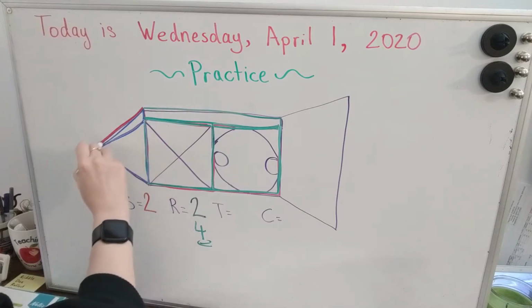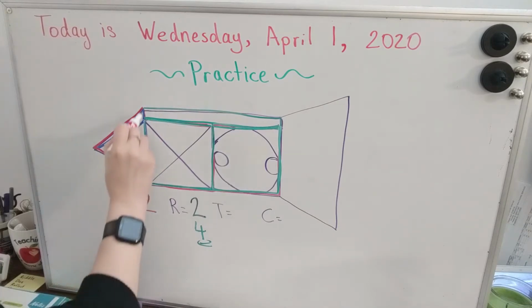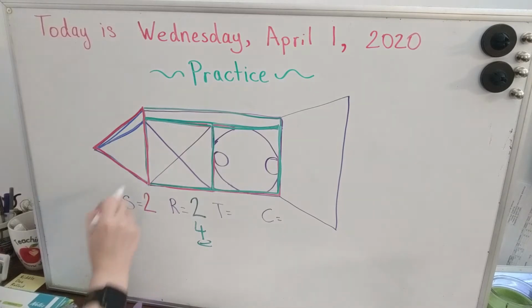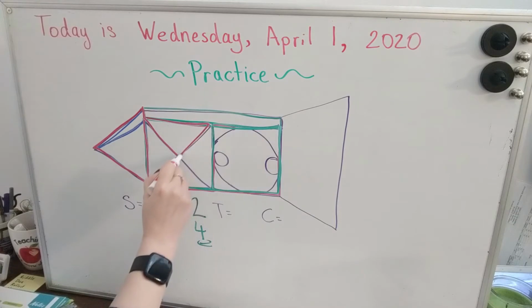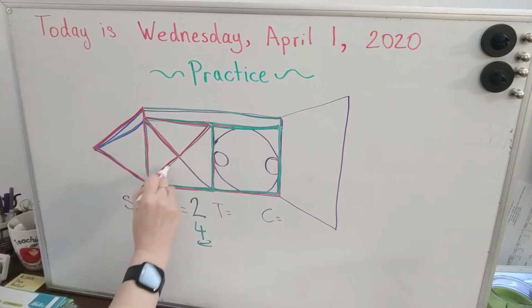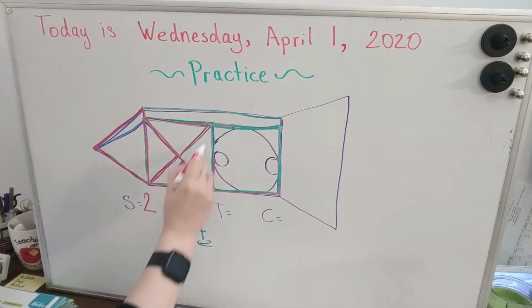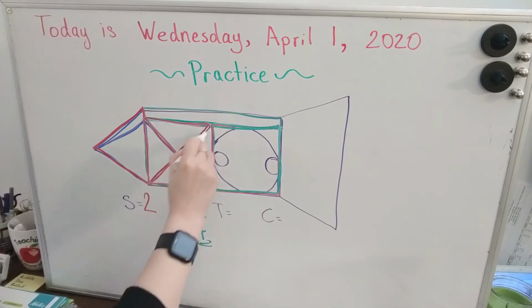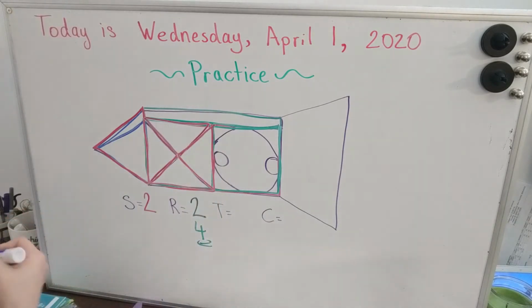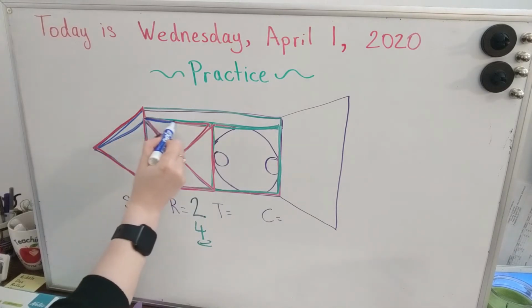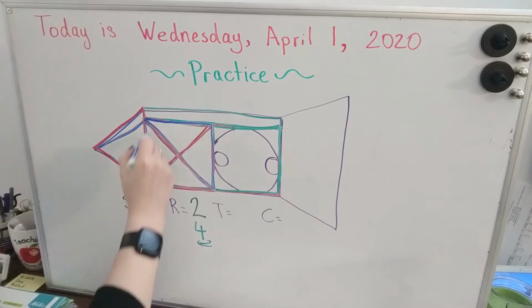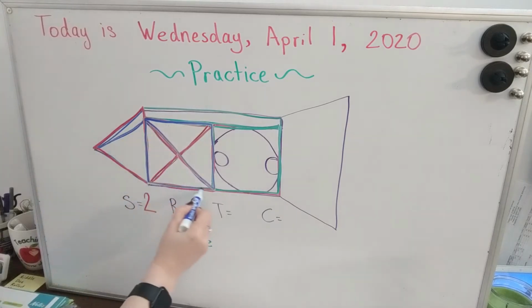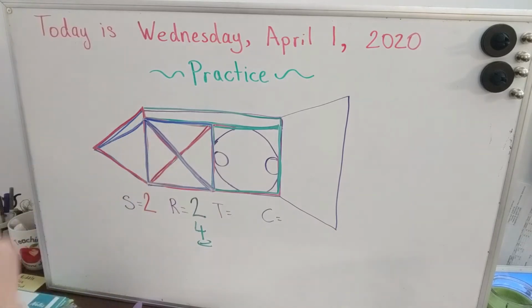Here's the 3rd triangle, is this big one right here. 3, 4, 5, 6, 7 triangles. There's 8. And there is 9. So we have 9 triangles.